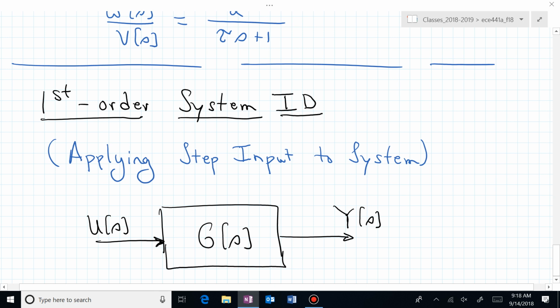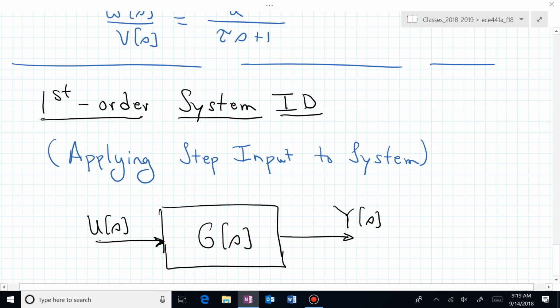How far are we telling it to go? Anybody done the lab yet? How far did we tell it to go? 2,000 counts? I may be not remembering, but you're saying go so far. And maybe it only goes up to 1,200. Well, that kind of tells you something about its DC gain. And how quickly did it get there?